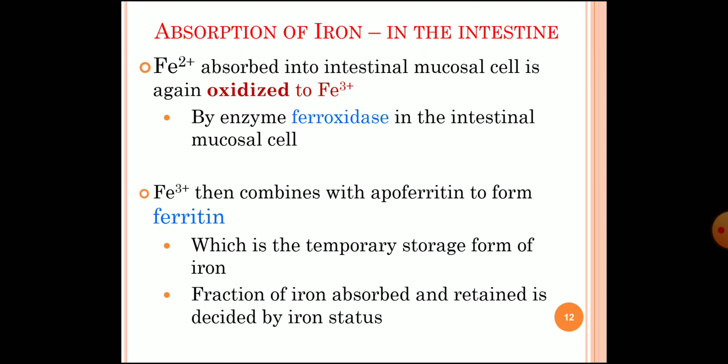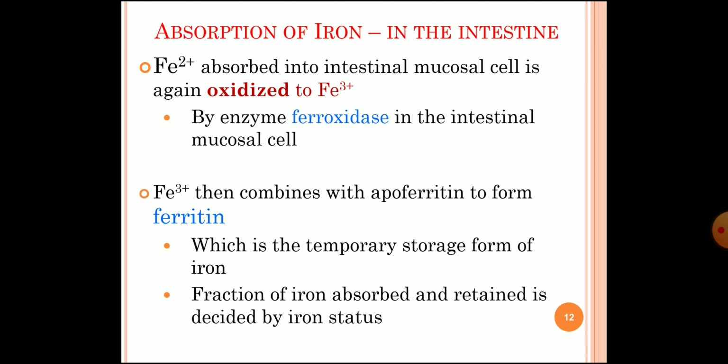If there is iron deficiency, the amount of ferritin will be less in the cell, because it will be mobilized to the tissues. If there is excess iron or enough iron in the blood, then the ferritin will not be released and will remain in the cell. So the status of ferritin in the cell depends upon the iron status of the body.